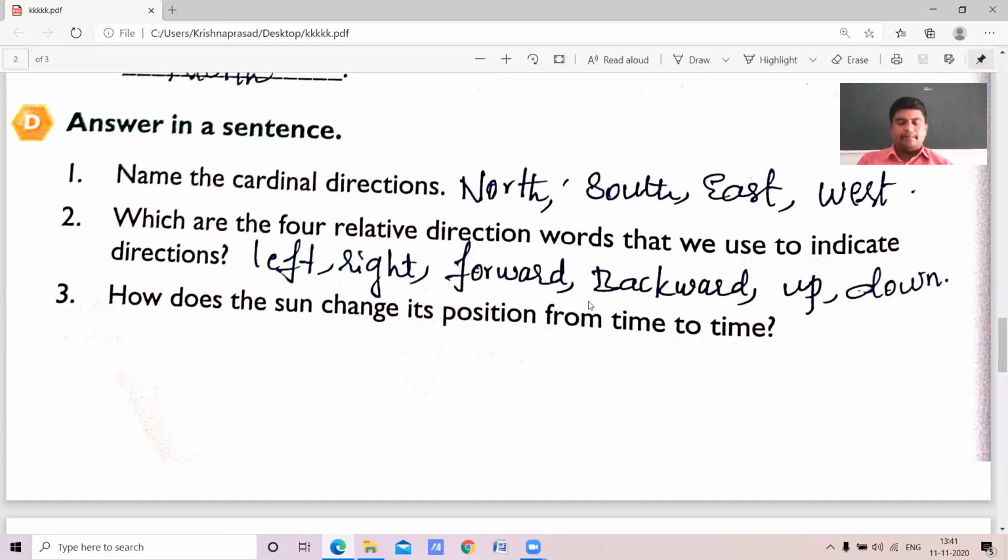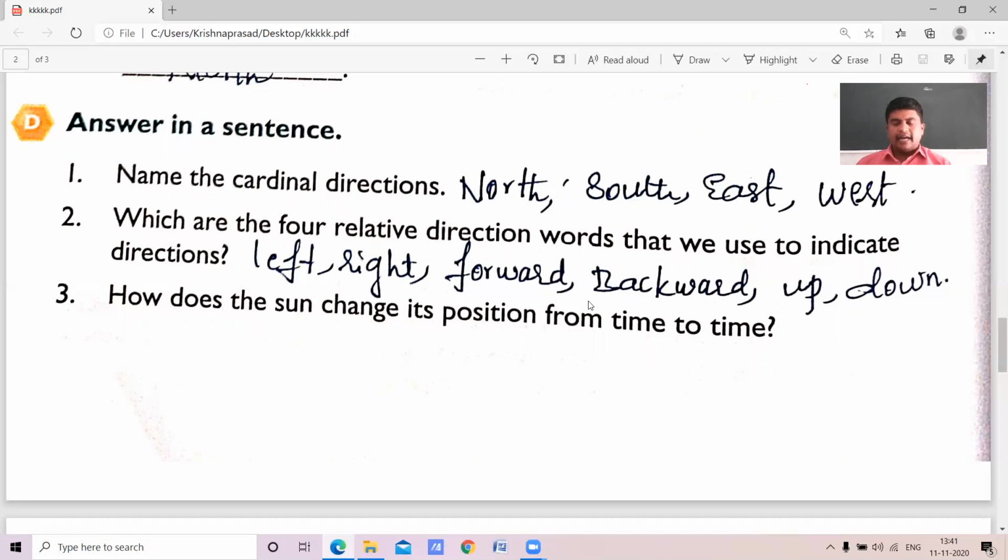Answer continues. Then, by noon, we see the sun overhead, O-V-E-R-H-E-A-D, overhead.